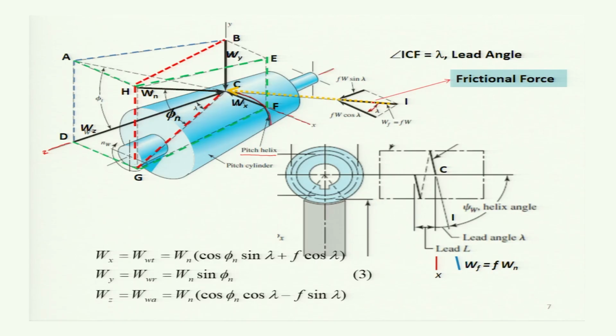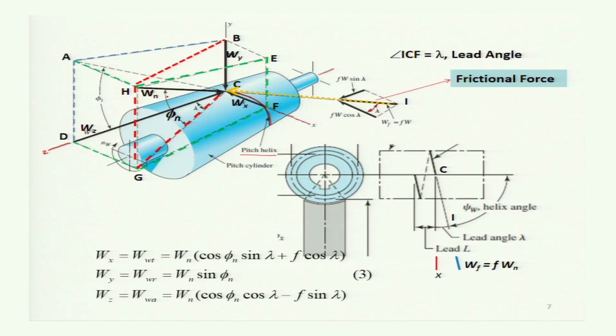The frictional force is equal to the coefficient of friction multiplied by the normal force which acts on the thread. Now, the normal force which acts on the thread is Wn, as we just studied. But the value of this Wn is not the same as we just studied, because in that case we had not taken the effect of friction.